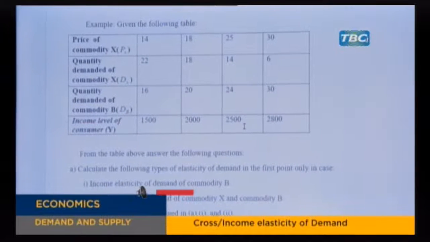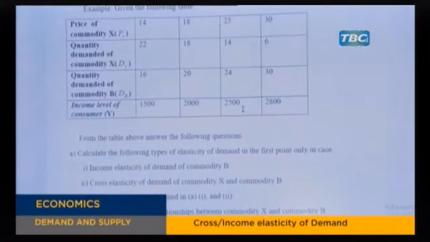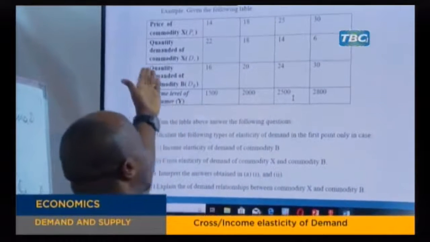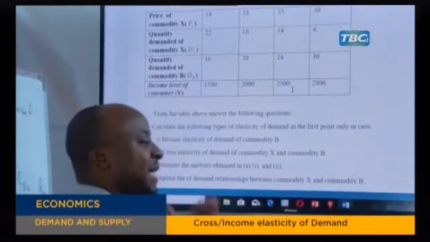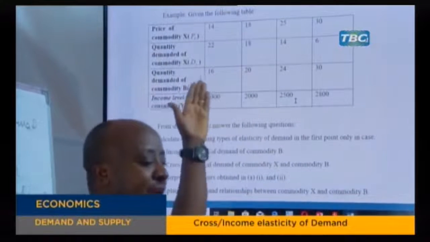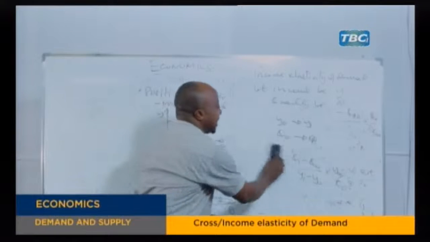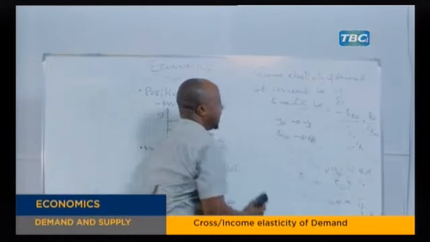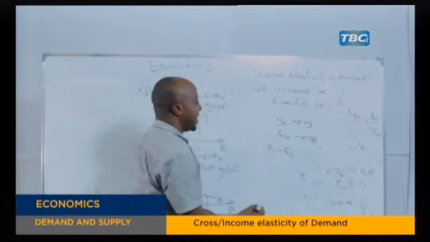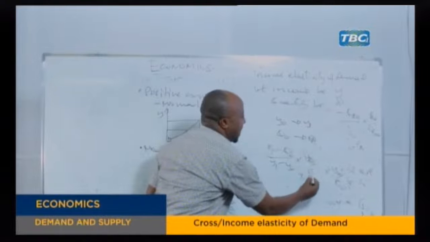Now in part 1, it is asking: calculate the income elasticity of demand of commodity B. It means we want to check the relationship between the income of this consumer and the quantity demanded of good B. So we have to check when the income changes, what will happen to the demand for good B. Then we calculate it in this way.